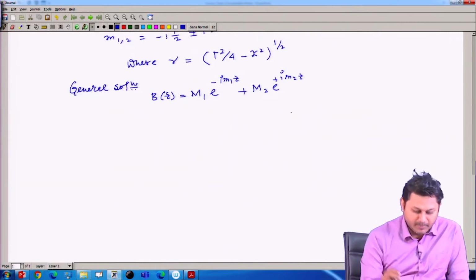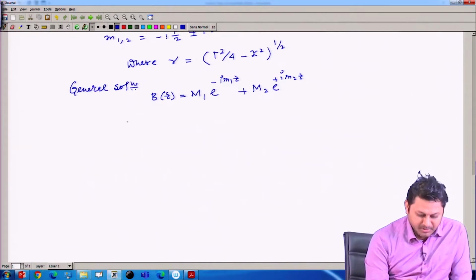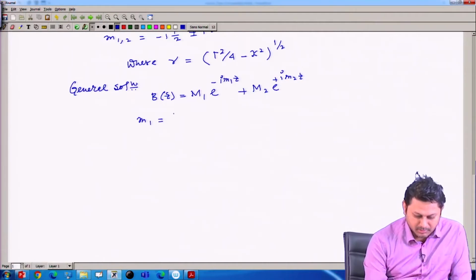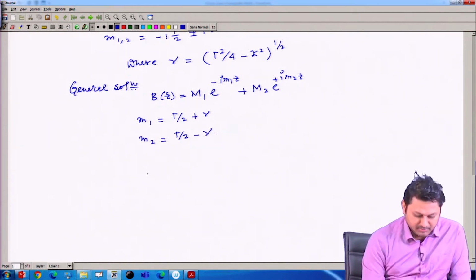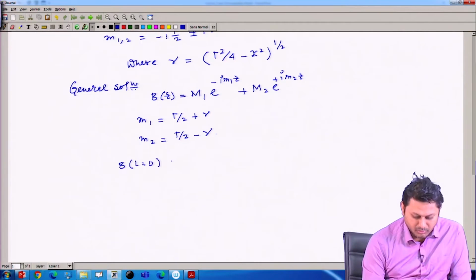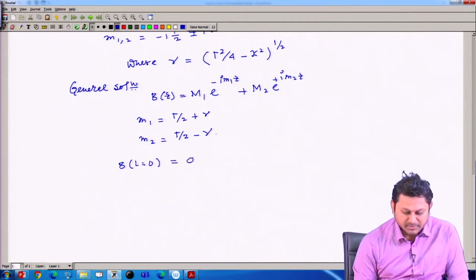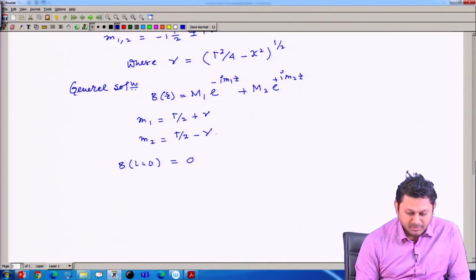Then m1 is gamma by 2 plus small gamma, and m2 is gamma by 2 minus small gamma, and the boundary condition tells us that B at z equal to L is 0. That is the boundary condition we have.